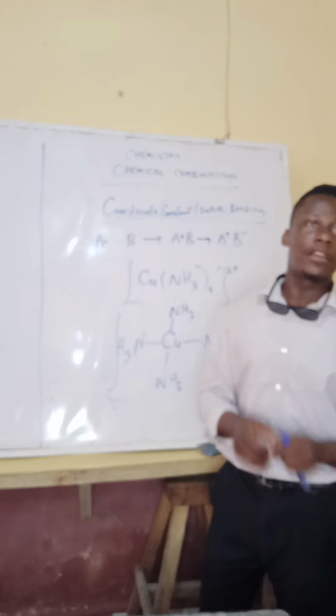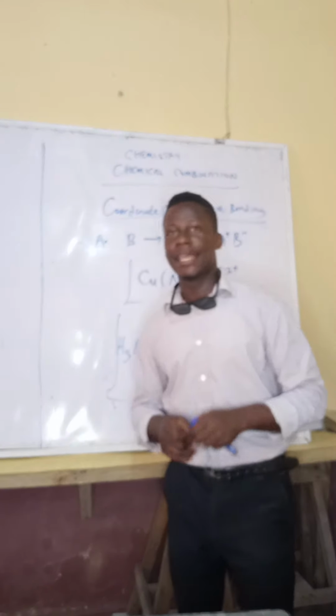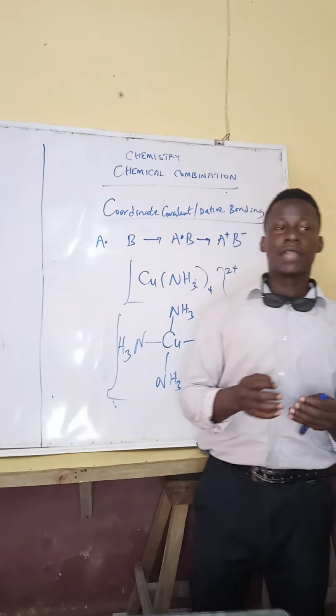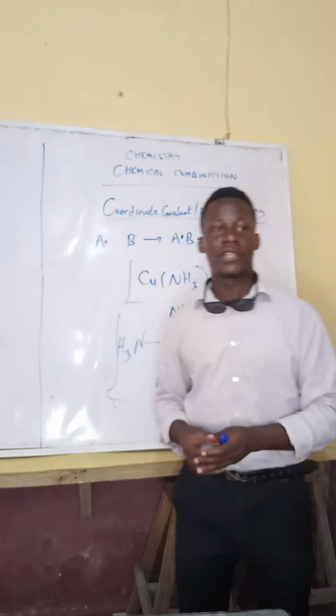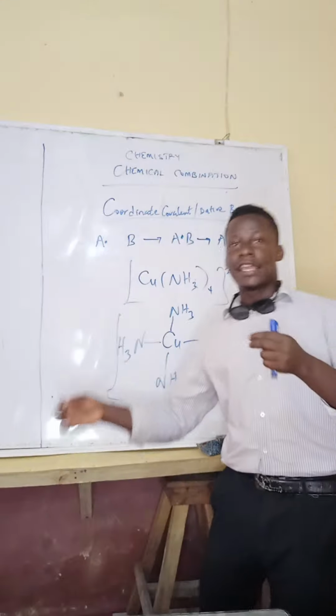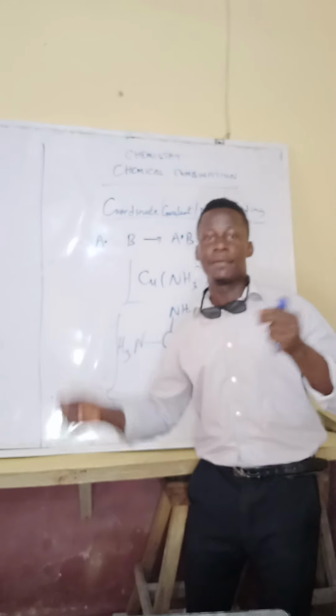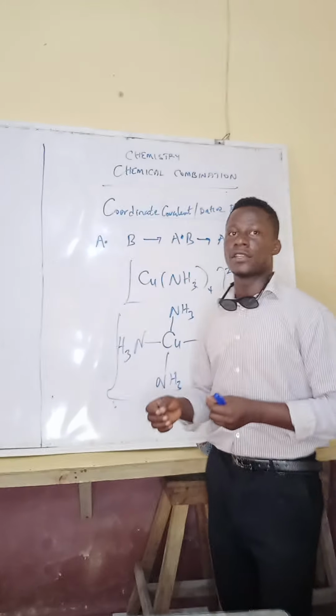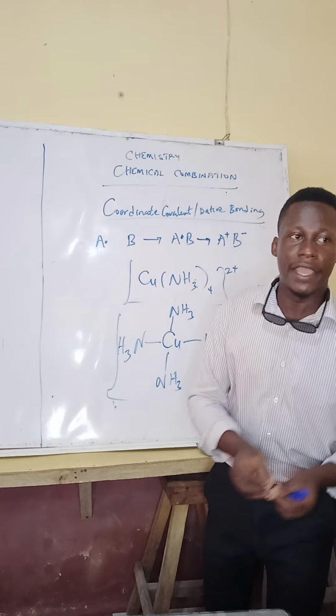We said in ordinary covalent bonds that electrons are shared equally, and we said we have two types of ordinary covalent bond, which are homonuclear and heteronuclear. Homonuclear exists between atoms of the same element, and heteronuclear exists between atoms of different elements.